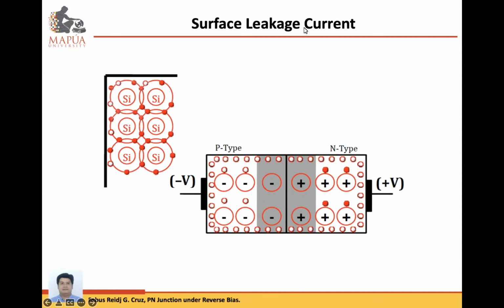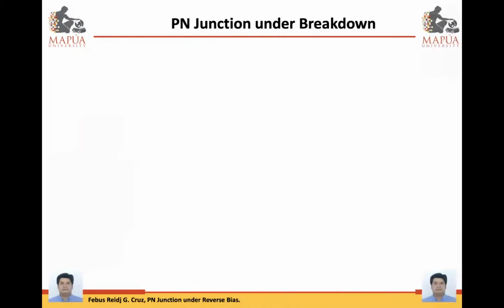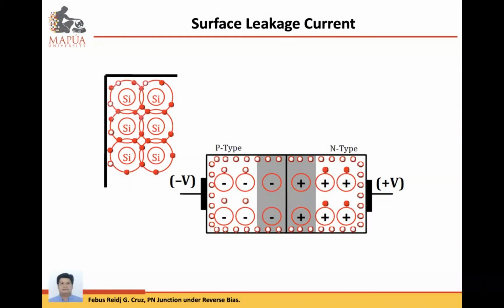And the surface leakage current will be formed when one of the free electrons enters the surface holes. Once it reaches one of the holes, that electron can now move from one hole to another hole until it exits the semiconductor device. Naintindihan ba yon? Please confirm. Yes po, sir. All right, thank you.